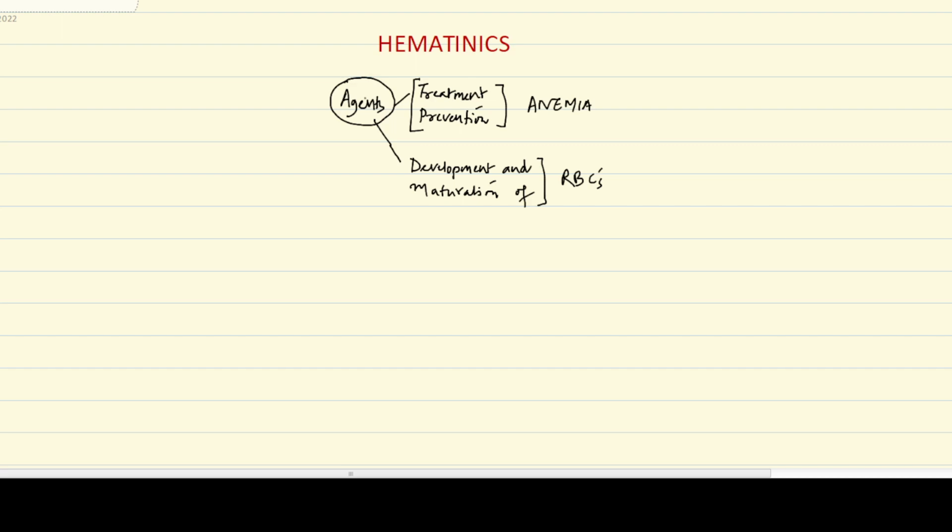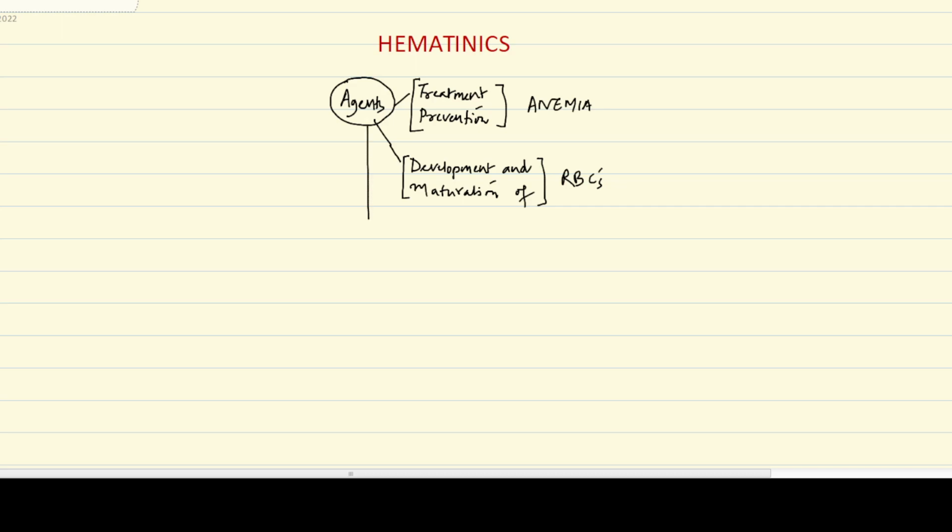So hematinics are pharmacological agents which are used in the treatment or prevention of anemia. Okay? So these agents, their role is in the development and maturation of RBCs. Okay? So what are these agents?